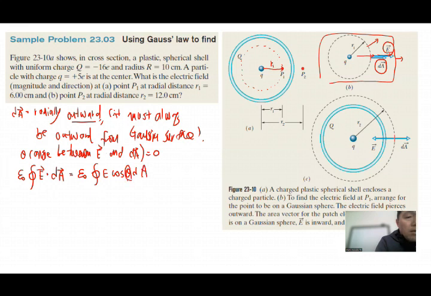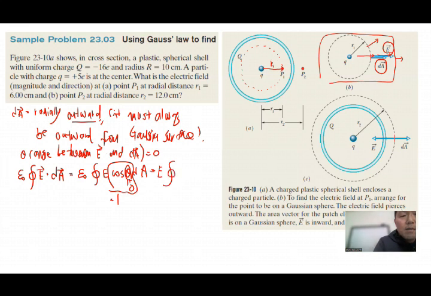Here theta equals 0, so cosine is 1. The electric field is constant on the surface, so it can be taken out of the integral.